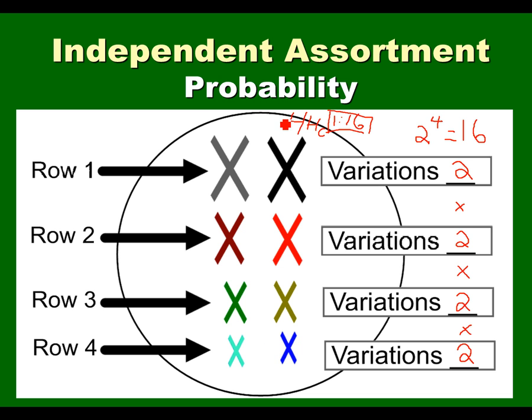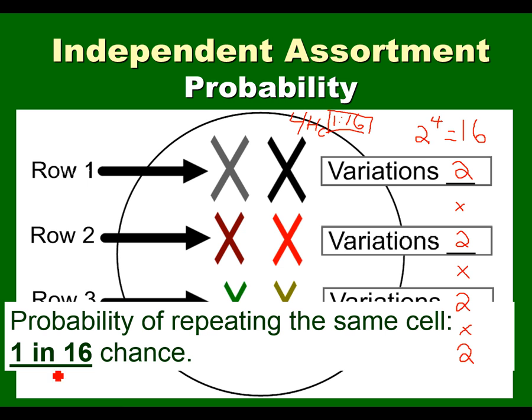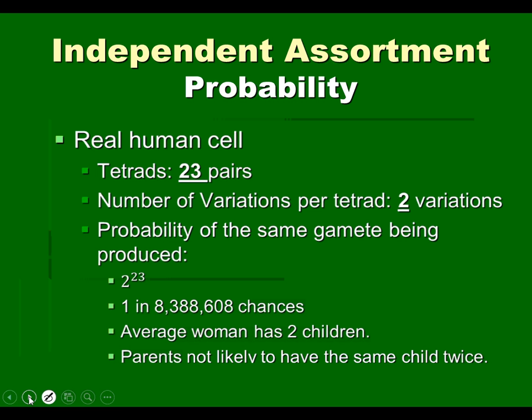And remember, we were only discussing 4 homologous chromosomes. So if we go ahead and make predictions about 23 different chromosomes, how does that get affected? Okay, so probability of repeating the same cell is a 1 in 16 chance based on this 4 homologous chromosome cell. Now, in this case, in a real cell, there are 23 tetrads.